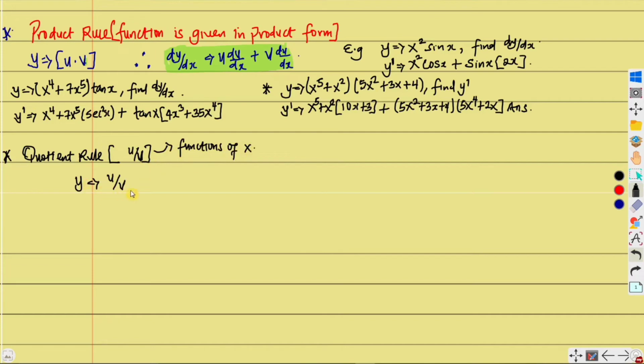So whenever you have something in quotient form, in the form of division or ratio, the method we apply to get y prime is also very direct.